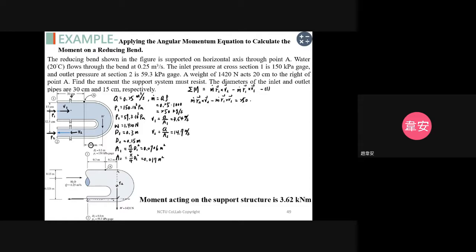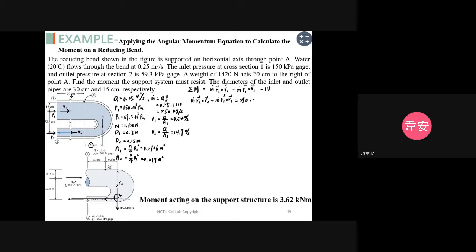Because the outflow velocity is to the left, and the R vector is in this direction, if you do the curl with your right hand, this is a clockwise moment. So for a clockwise moment, the moment is negative.